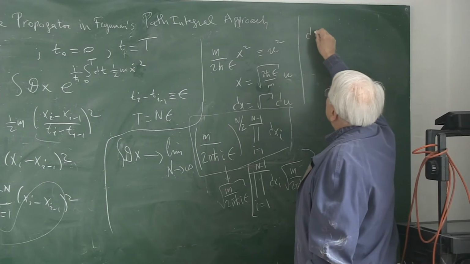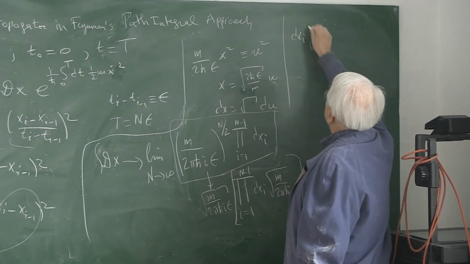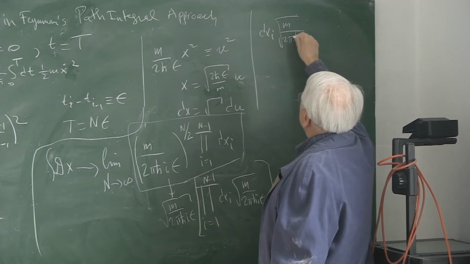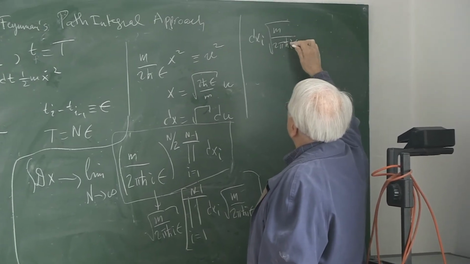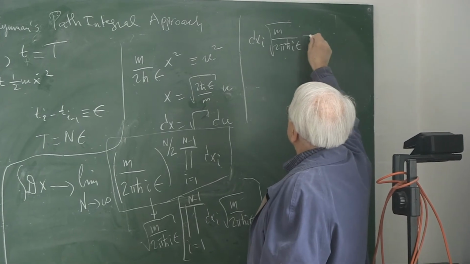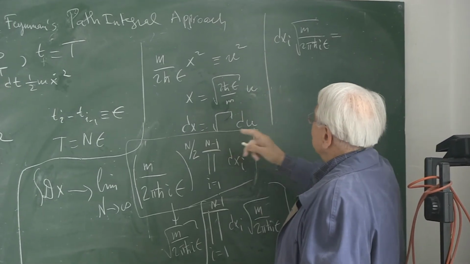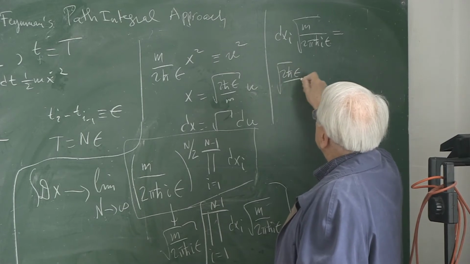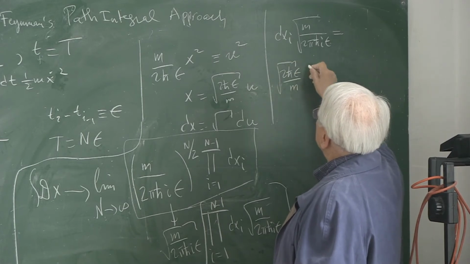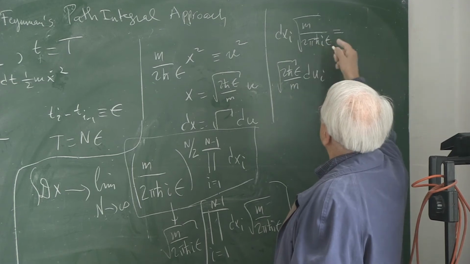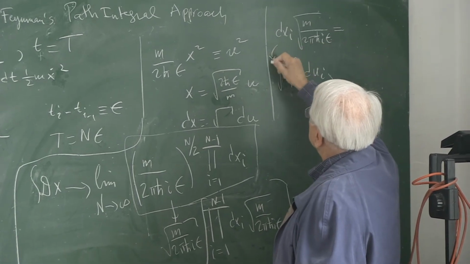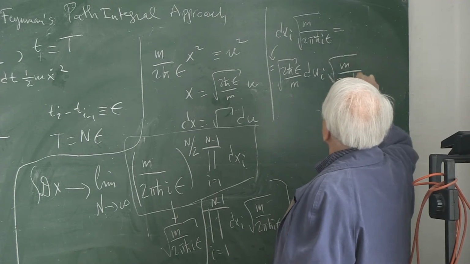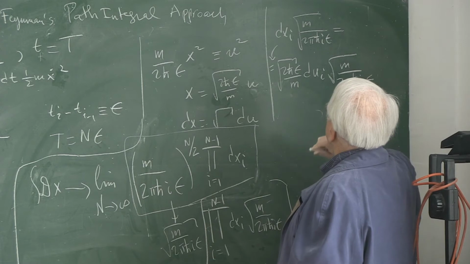So dx_i times m divided by 2 pi h bar i epsilon is, if I write this dx_i from here as the square root of 2 h bar epsilon divided by m times du_i, times m divided by 2 pi h bar i epsilon.